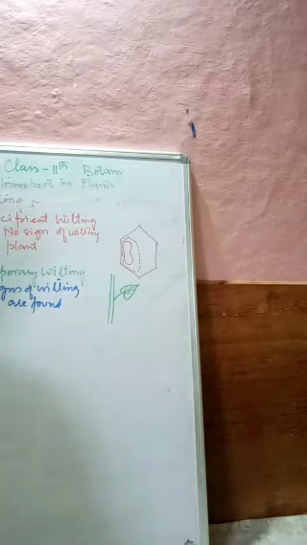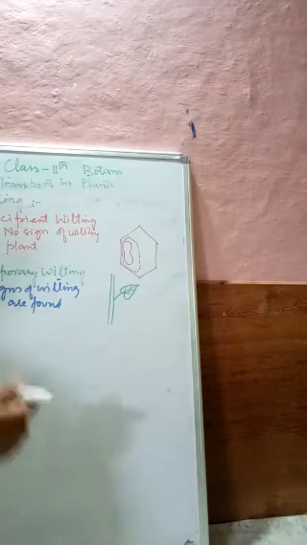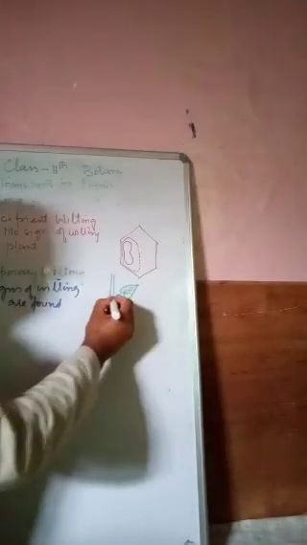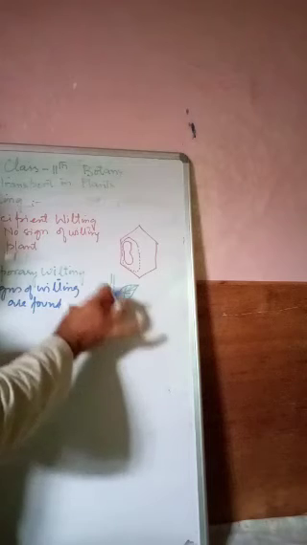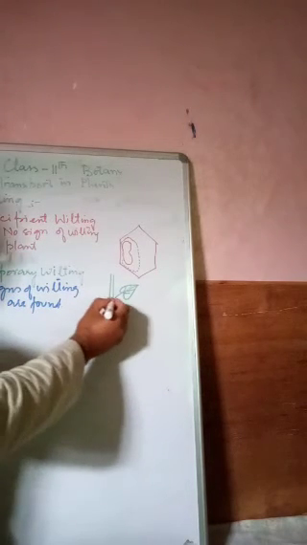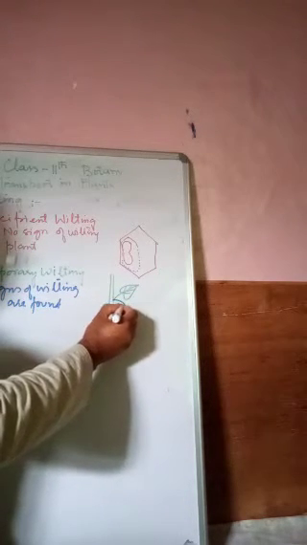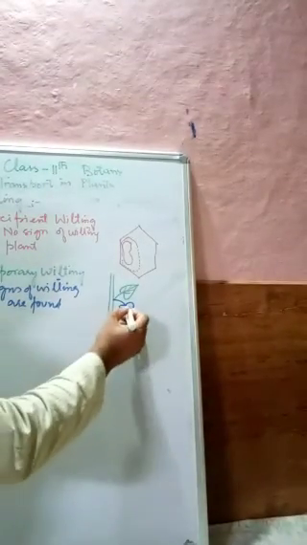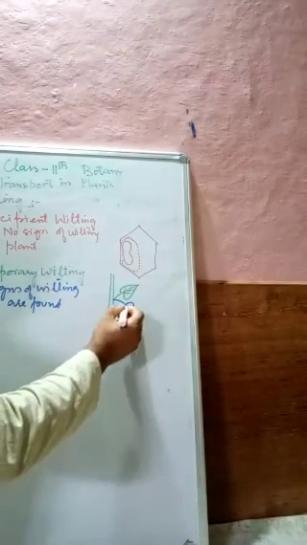Now if we see that wilting has taken place, we will see this leaf has drooped down.